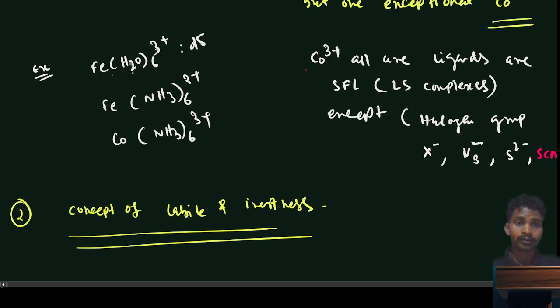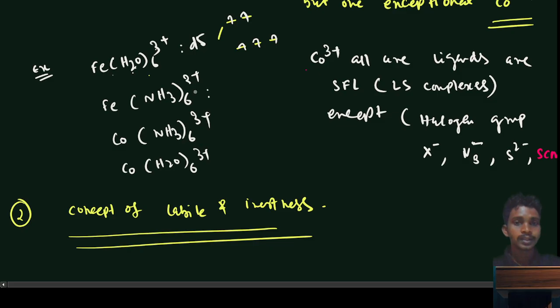So this is water except cobalt. Let's say here again we have cobalt water 3 plus. So in this case d5, and here we say still water, those are weak field ligands, so this will be weak field. Let's say d5: 1 2 3 4 and 5. Again we have Fe NH3 2 plus.